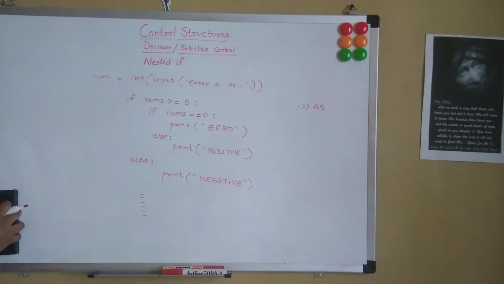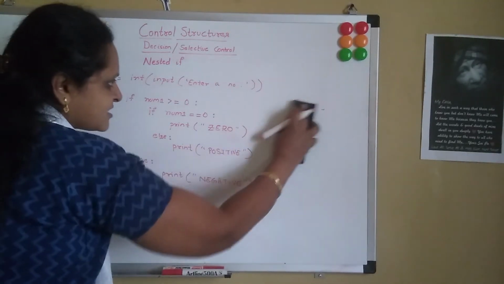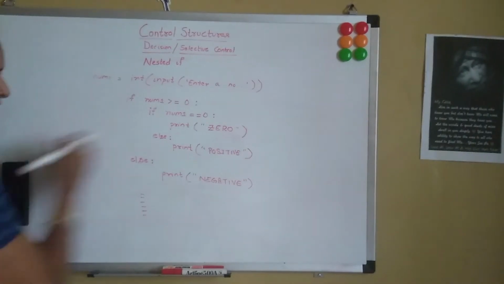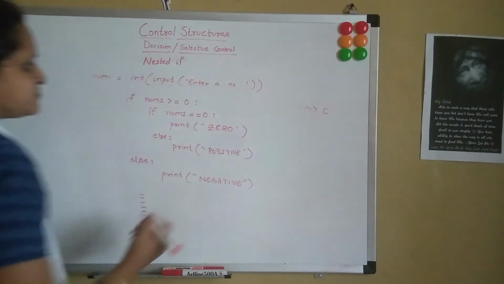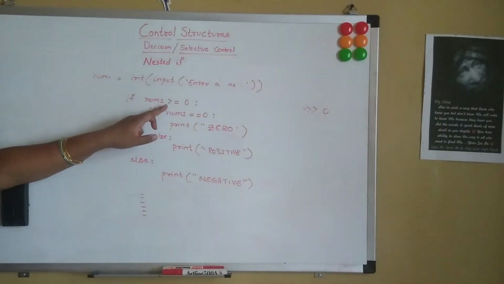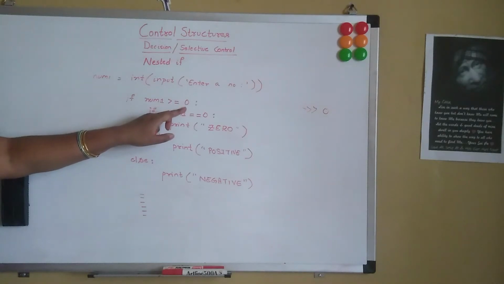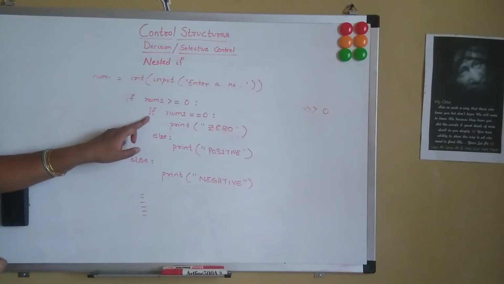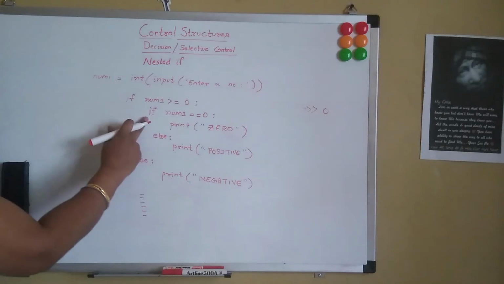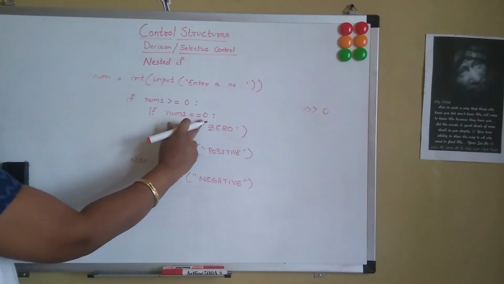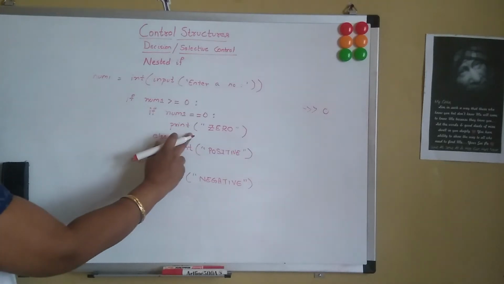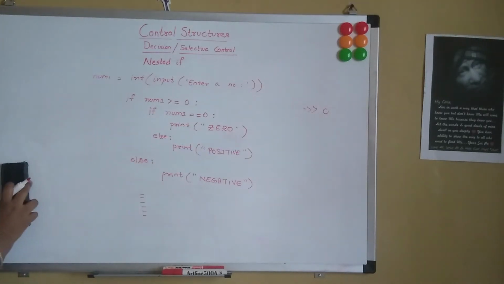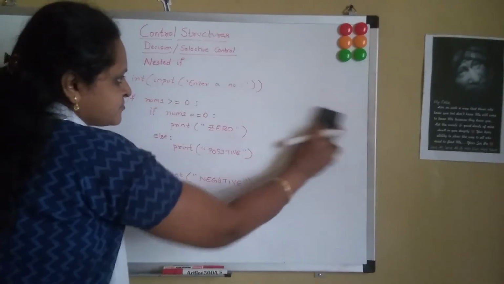Now if I enter my number equal to 0, then num1 greater than or equal to 0 gets satisfied. It enters the second if, wherein it checks if num1 equal to 0. Yes, num1 is equal to 0. So it prints 0 in this particular condition.